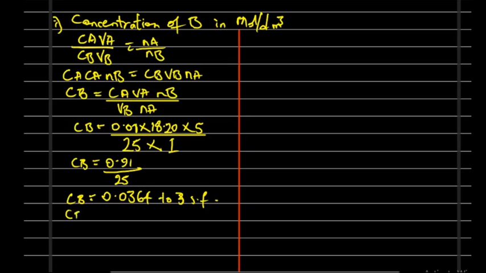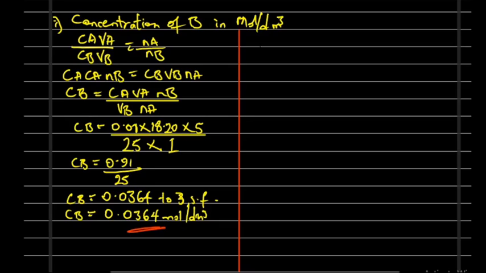So our CB equals 0.0364 moles per dm cube. That is the answer to our question there. 0.0364 moles per dm cube.